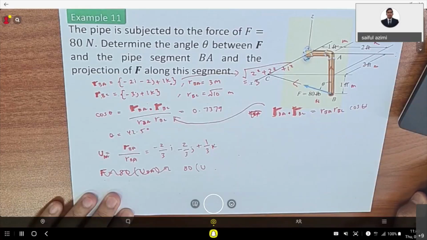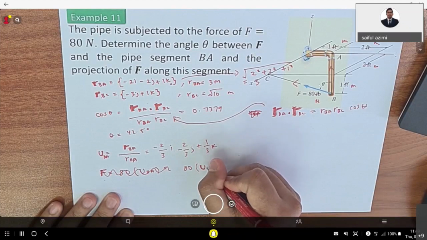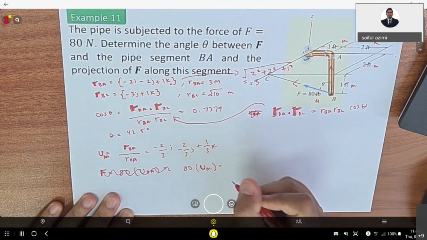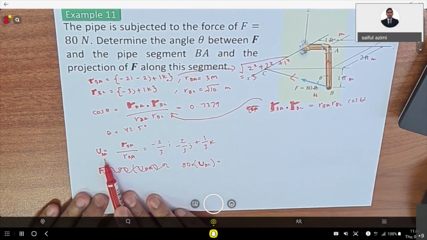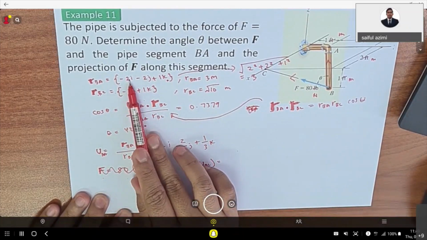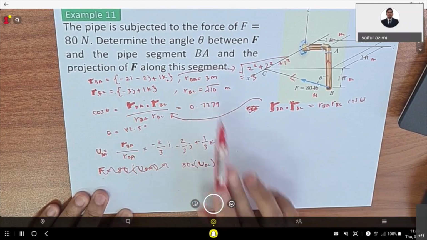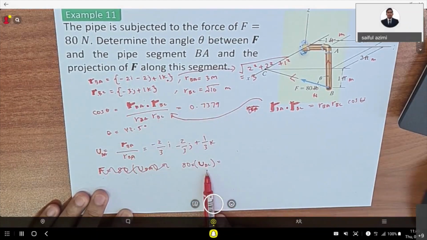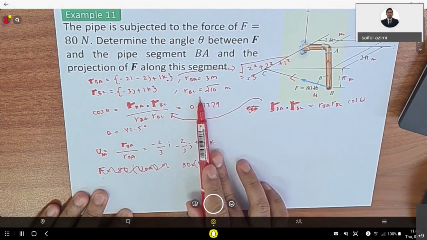This force acts along axis BC, so you must multiply by the unit vector of BC. It is similar to finding UBA: the position vector over the length. UBC equals the position vector of BC divided by the length of BC.